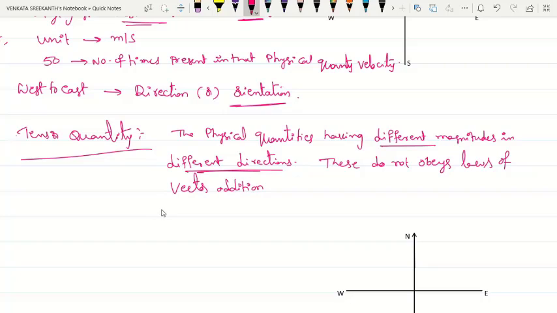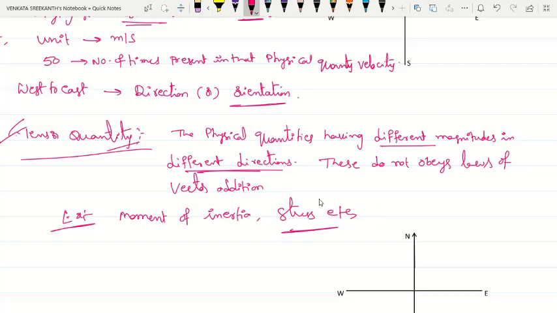So we cannot call them scalars, but they are tensor quantities. The best examples are moment of inertia, stress, etc. All these are tensor quantities.